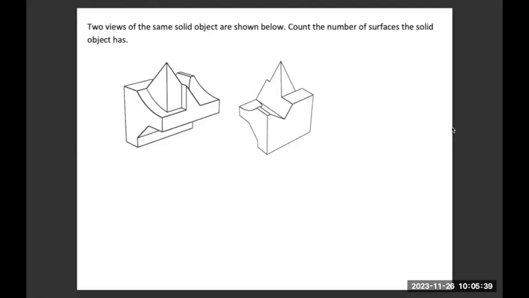Dash, wrong answer. Anvi, wrong answer. Sanchi, correct answer.